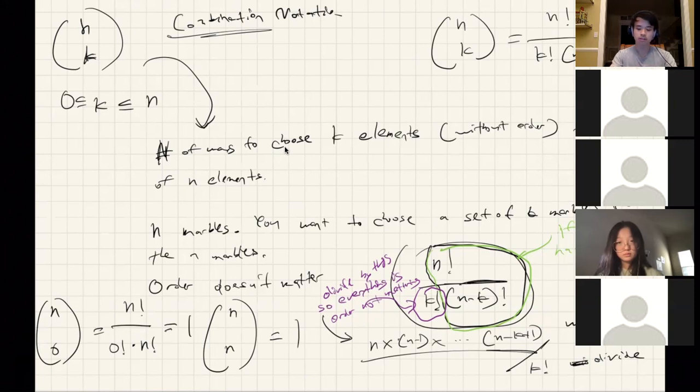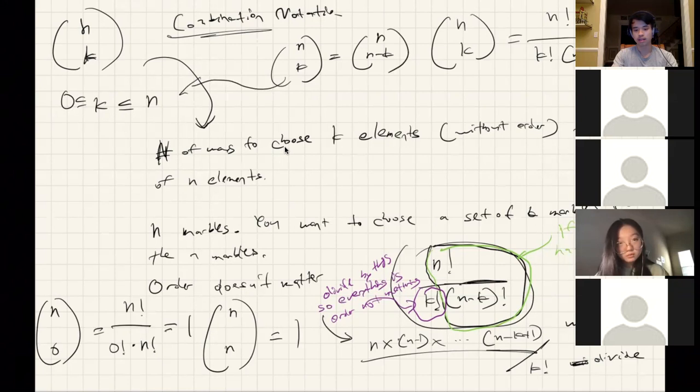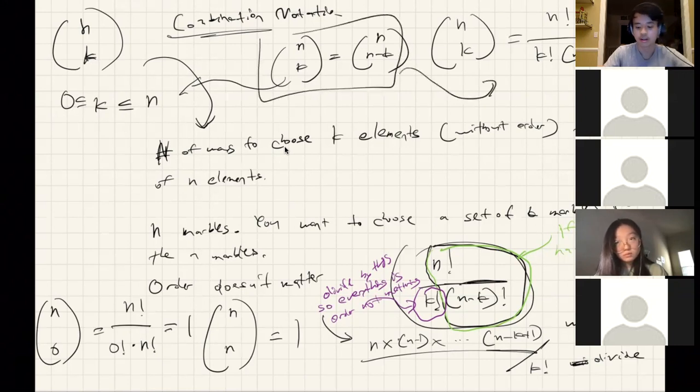In general, it's known that n choose k is equal to n choose n minus k for all k in this range. This actually follows from our definition over here.